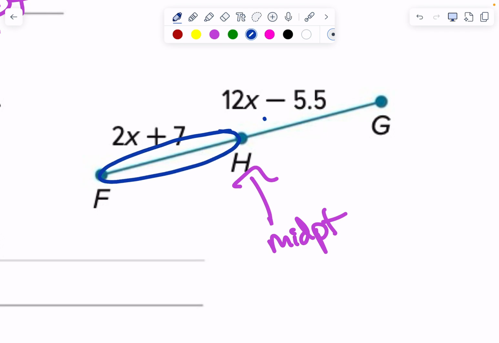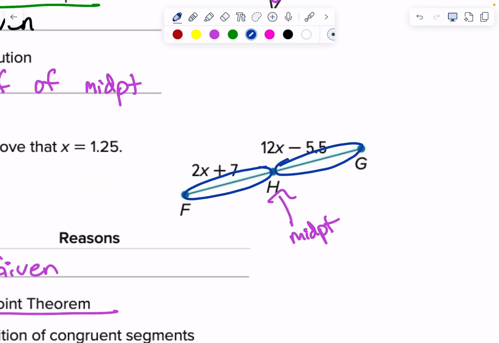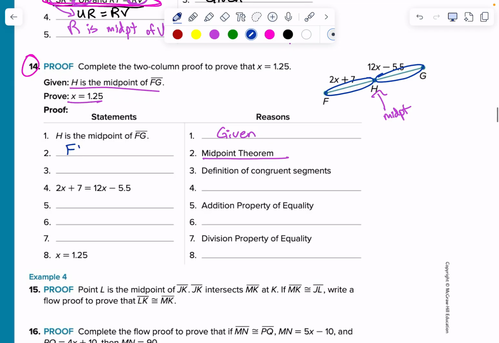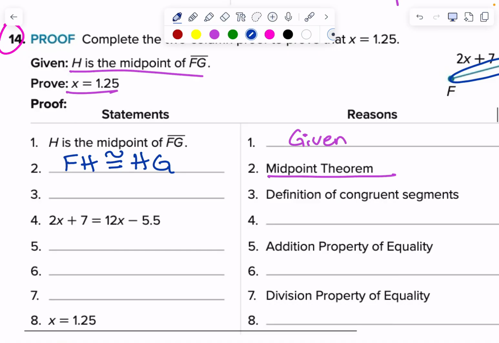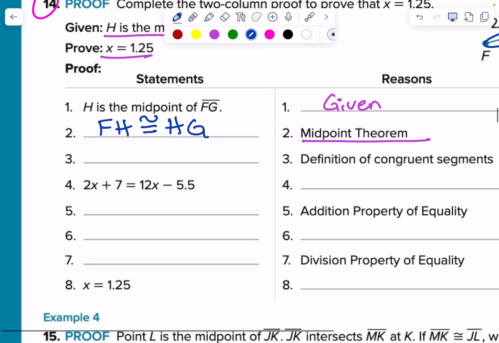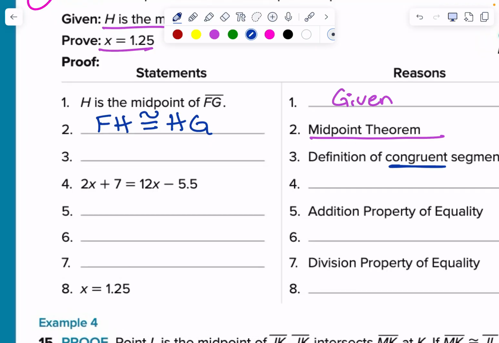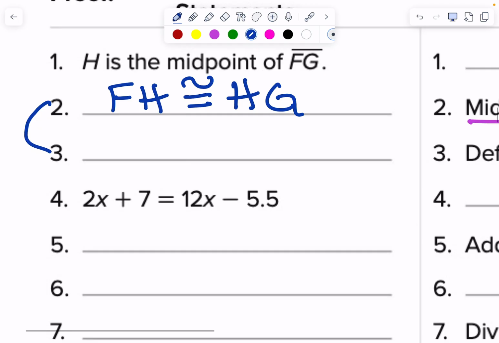FH will be congruent to HG. That's what the midpoint theorem says. Now, some people put equal to, but that's the definition of midpoint. For some reason, they're making us go out of our way and doing extra steps, whatever. But now we want to use the definition of congruent segments to say what? How do we go from 2 to 3?